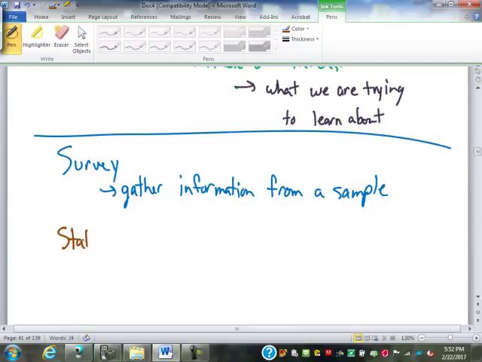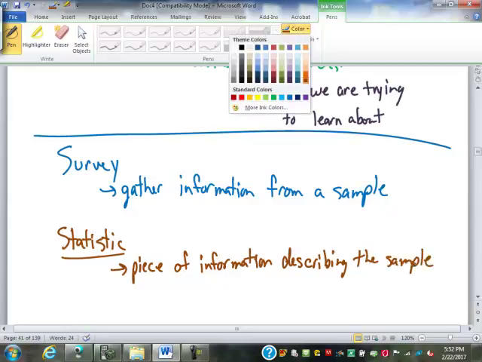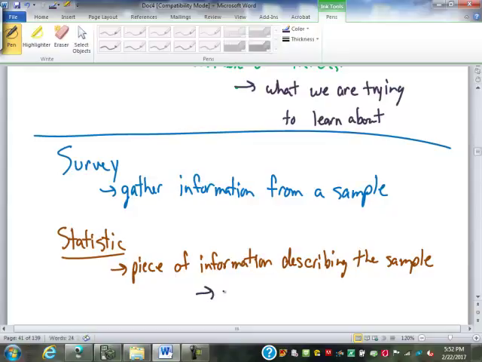A statistic, nice to define the word that we're learning about, right? A statistic is then that piece of information describing the sample. And again, it has to be related to that variable of interest.